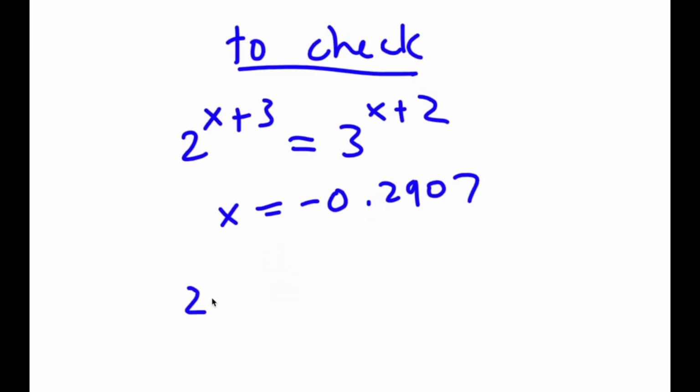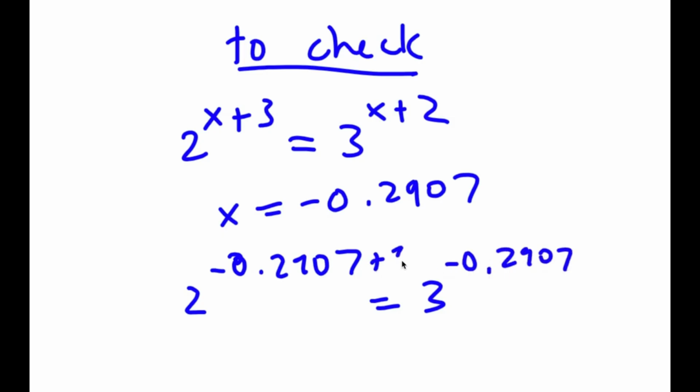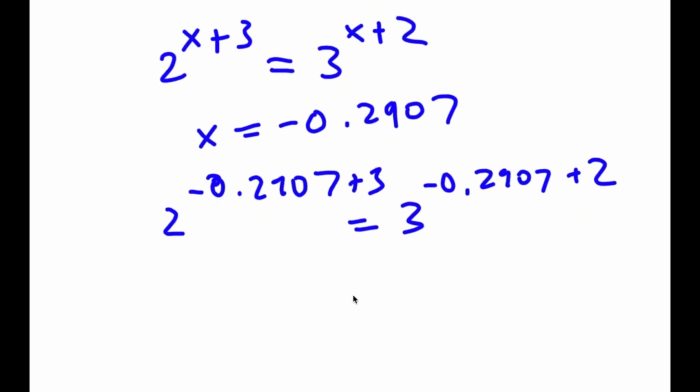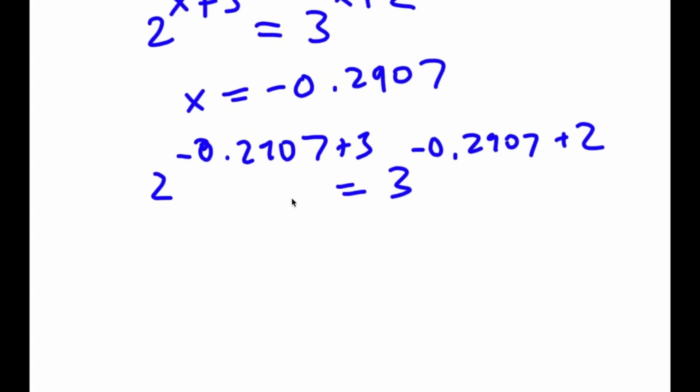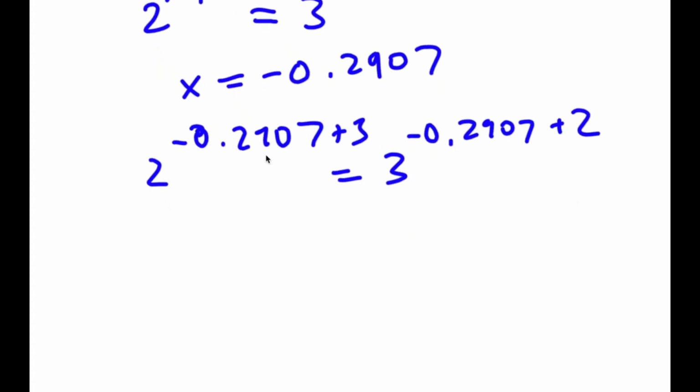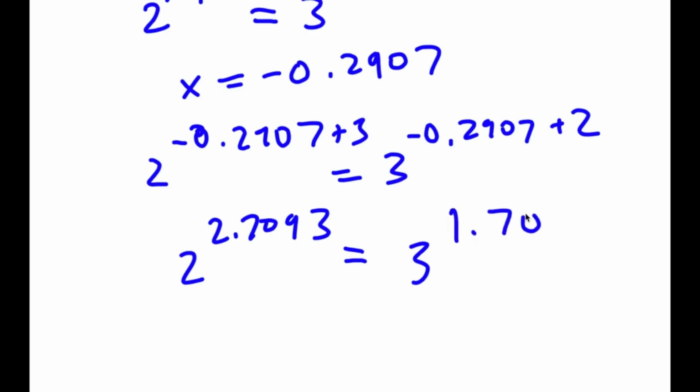So now I have 2 to the power of negative 0.2907 plus 3, which is equal to 3 to the power of negative 0.2907 plus 2. I forgot the plus 3 and plus 2. So now negative 0.2907 plus 3 is going to equal 2.7093, and negative 0.2907 plus 2 is equal to 1.7093.